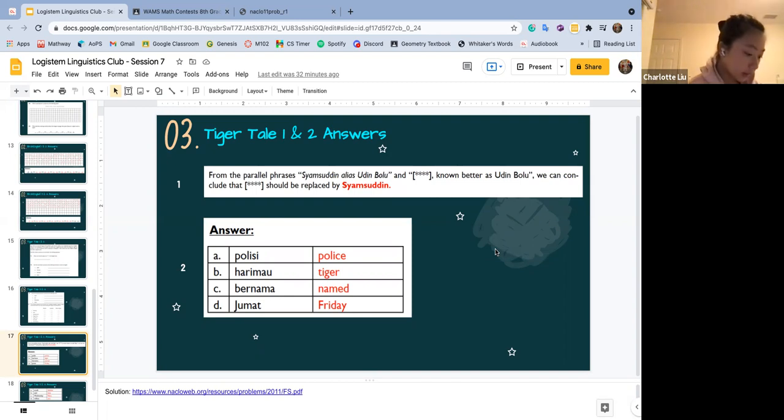So then we'll get that the asterisk is that word. So then we can look at part two. So part two, we see that policy. That actually is one of the main parts of the article. So that would be police, and it also sounds somewhat similar.